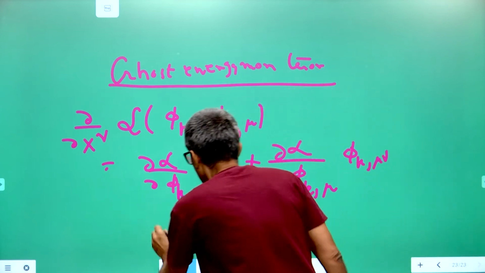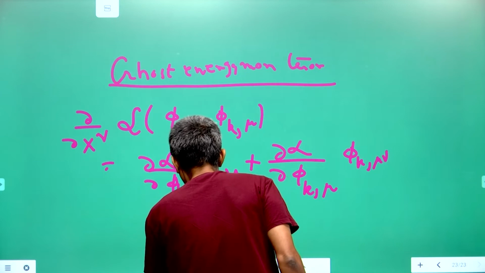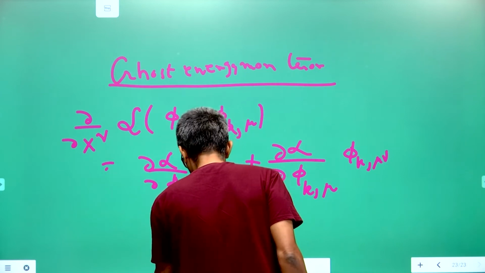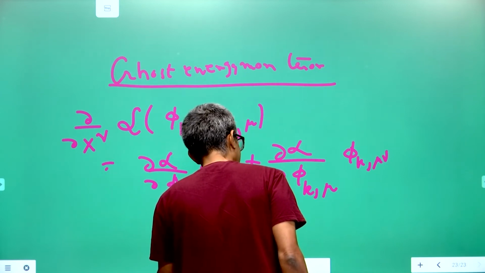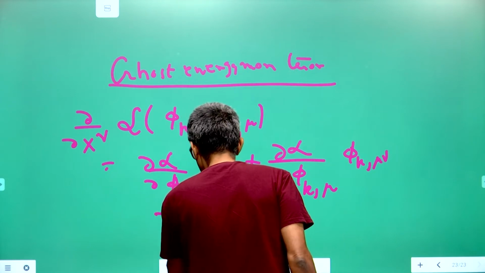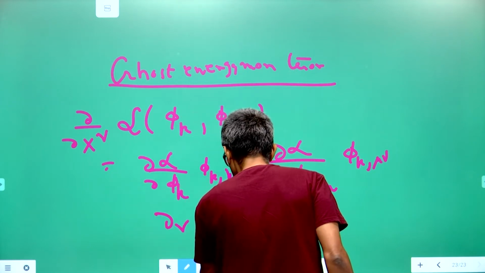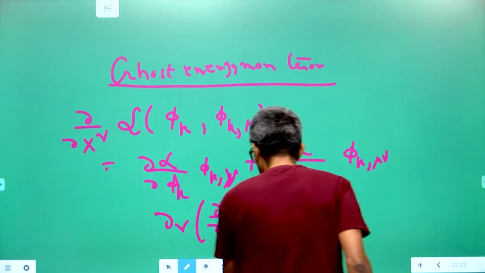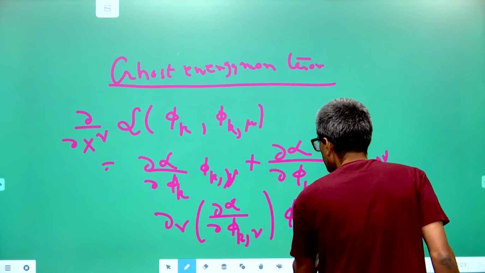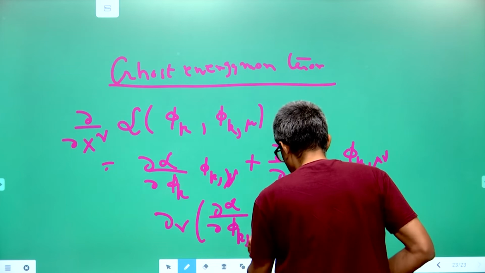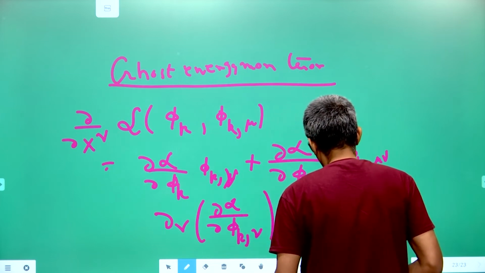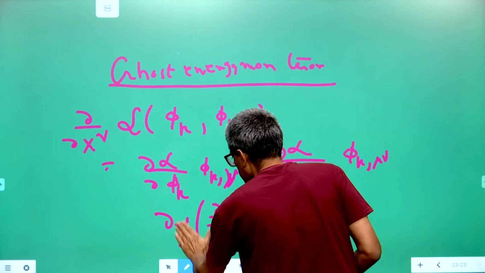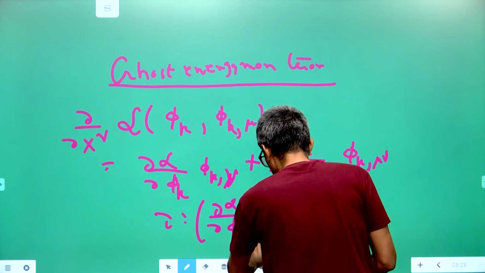Use the equations of motion to write dou L by dou phi k as dou nu of dou L by dou phi k comma nu, into phi k comma mu, let us write it as, okay.